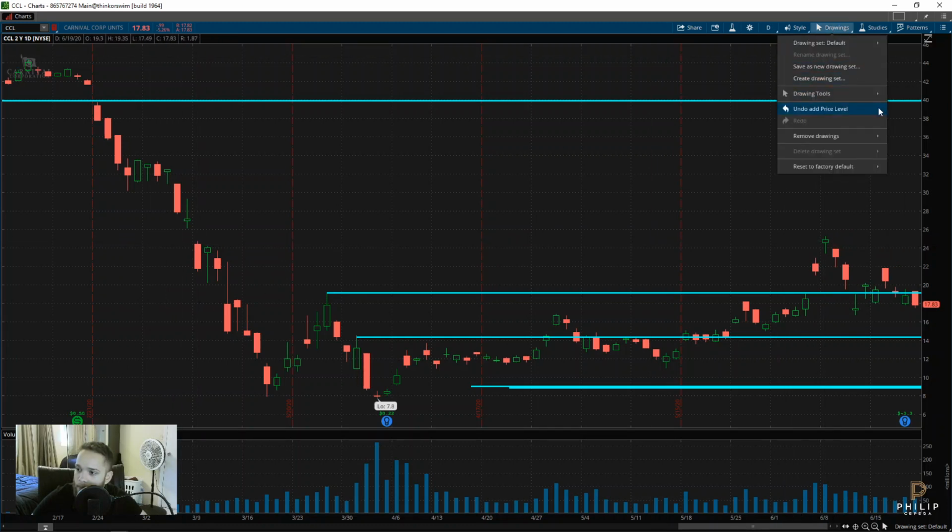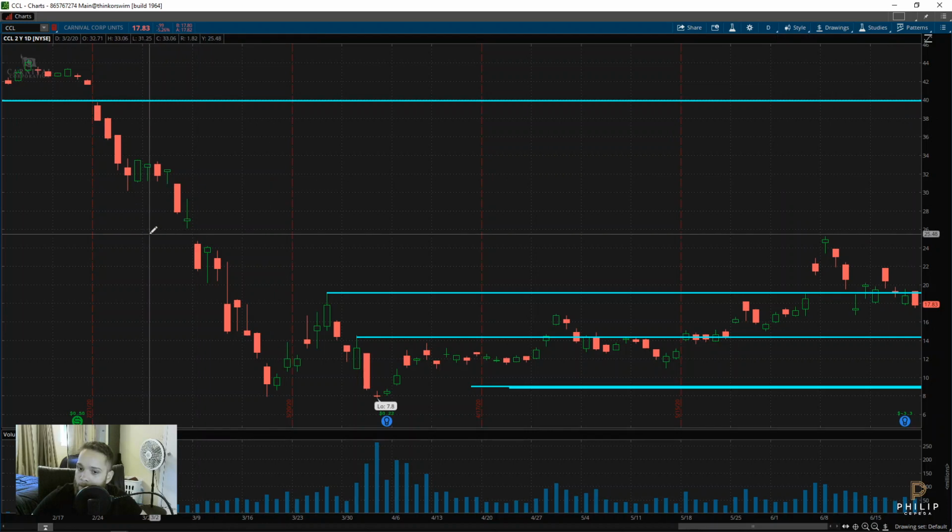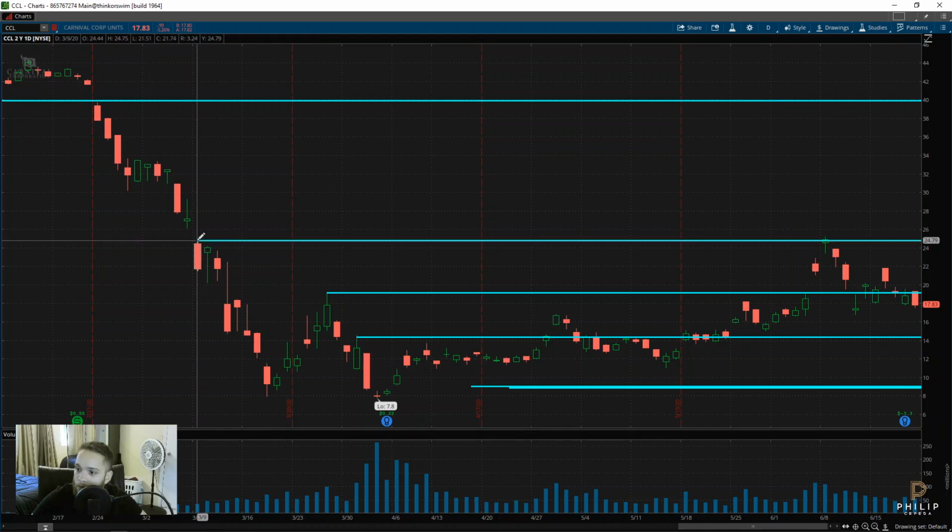Let's draw that. And so forth. You just keep changing the levels as the data keeps appearing, right? You want to be able to read these charts, read these levels, and this is how you do it, guys, right?